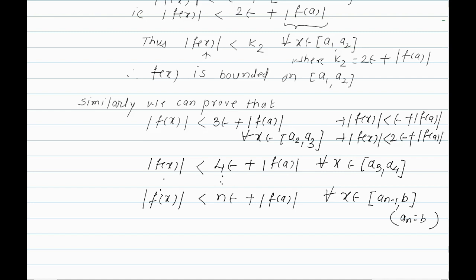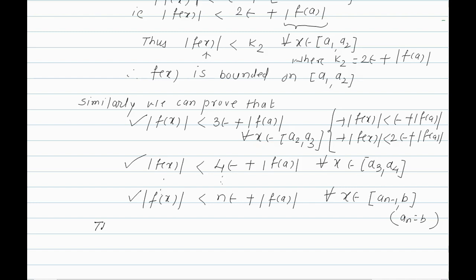It means that f of x is bounded on the first interval, on the second interval, on the third interval, on the fourth interval, and so on. The function is bounded on the last subinterval, the nth subinterval, a(n minus 1) to b.